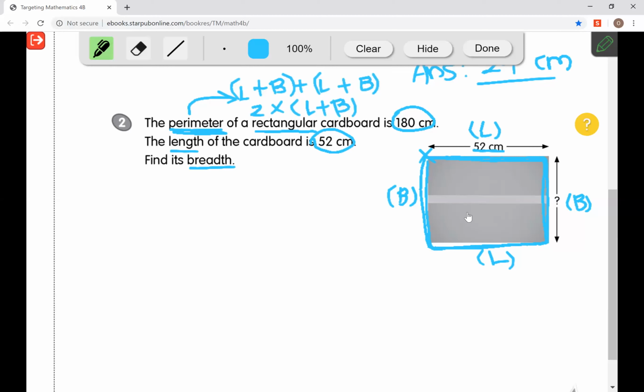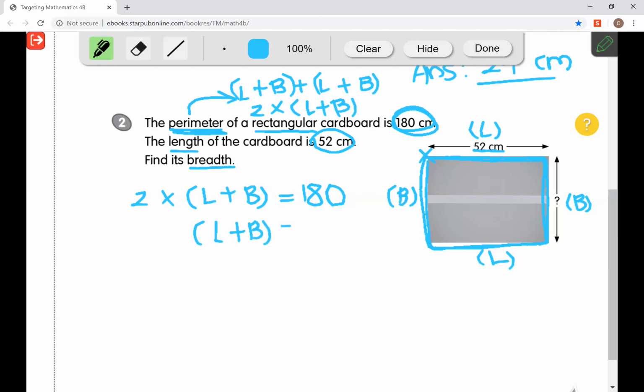So now we can write down the equation. Two groups of L plus B, length plus breadth, is the perimeter. And the perimeter is 180 centimeter. Okay, so now we know that two groups of L plus B, that means 2 units is 180. So what about just 1 unit?